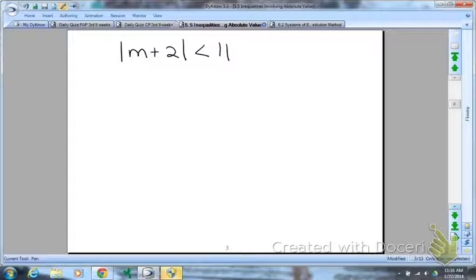Well, that's only for less than. So the shortcut is we can take what's in the absolute value, put it in the middle, put less than signs on both sides, put the smaller number on the left, which would be the negative 11 on the left, and the positive 11 on the right.